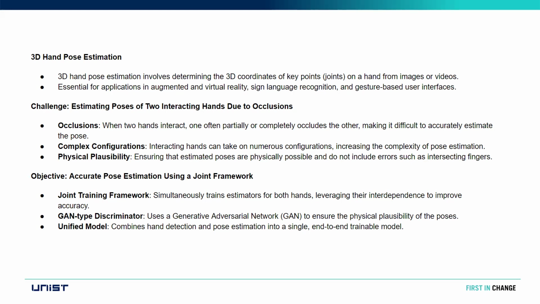The objective of this framework is, in this work, they try to simultaneously train the detection and pose estimation at the same time. They use a GAN-type discriminator to solve the physical plausibility issue.